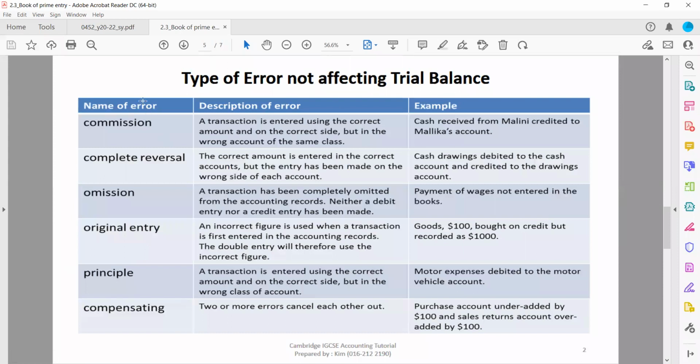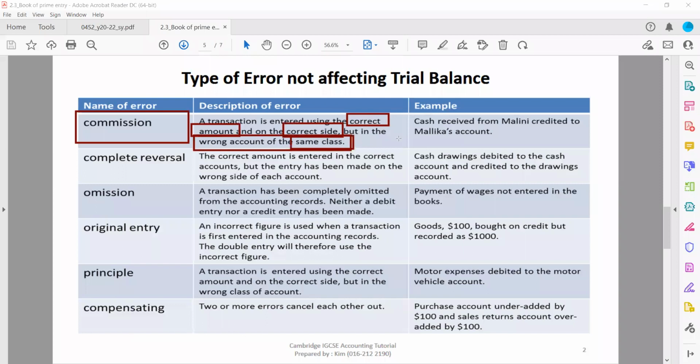First one, commission. Commission is the error that happens when a transaction is entered using the correct amount and on the correct side, but in the wrong account of the same class.